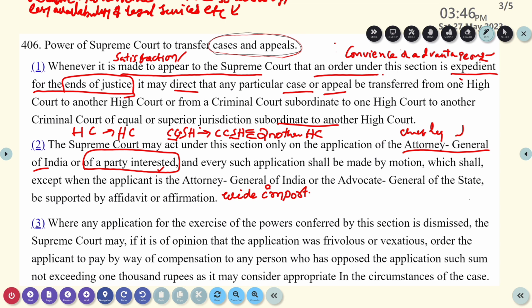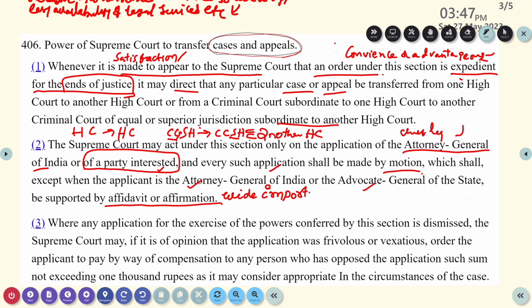Application shall be made by motion. That means somebody has to make a mention, make a move to set the law into motion, that is, filing of an application. Except when the application is moved by the Attorney General of India or the Advocate General of the state, there is no need for filing an affidavit or affirmation.